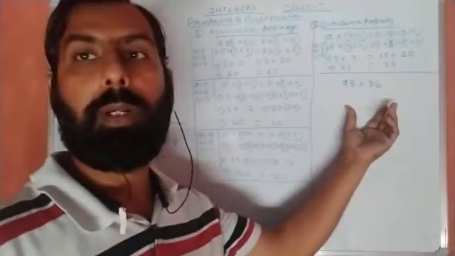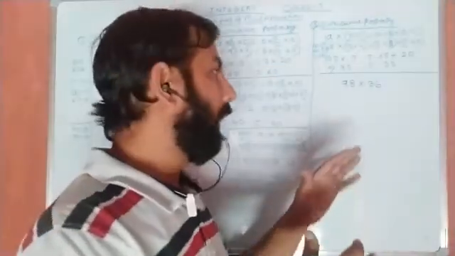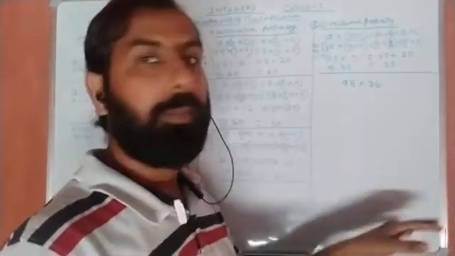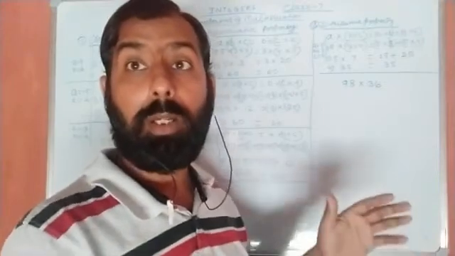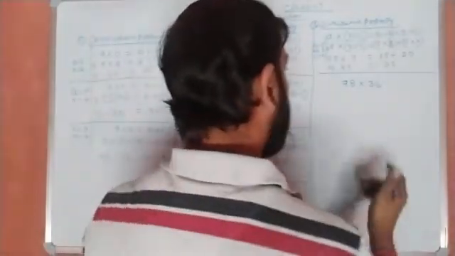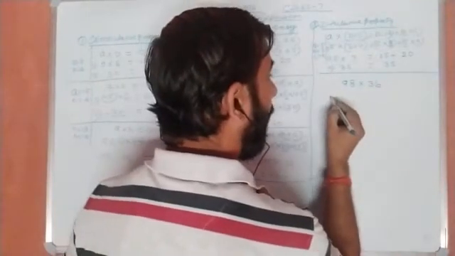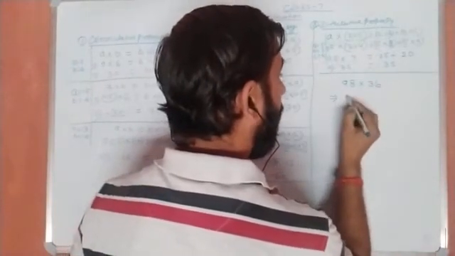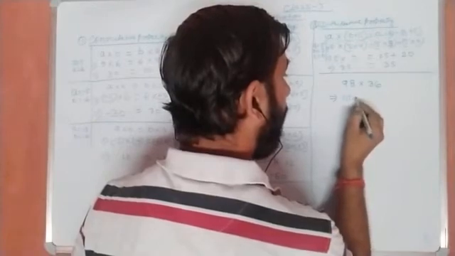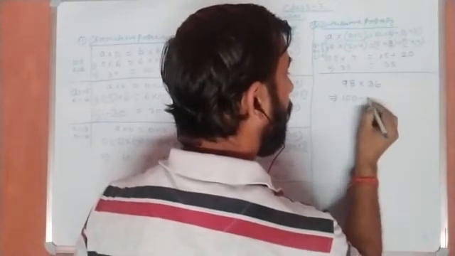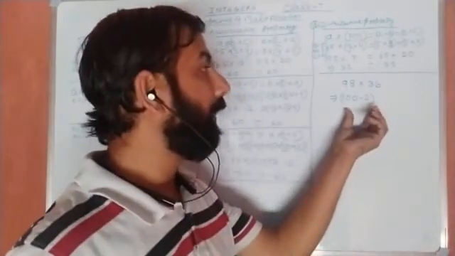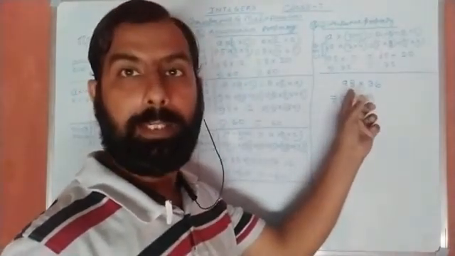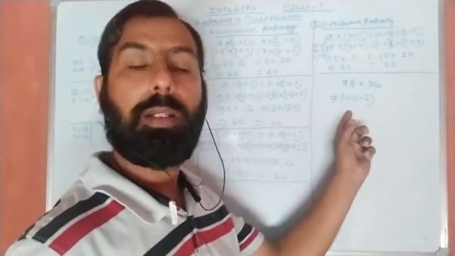This is a bigger number, and without long multiplication it may not be possible or easy to multiply. So what will we do for that? We will take 100 minus 2. 100 minus 2 is 98. So I have taken 100 minus 2.